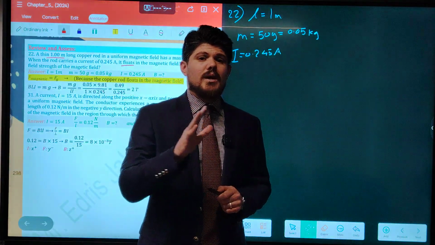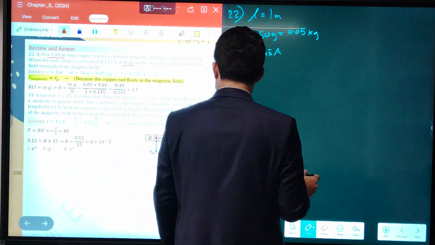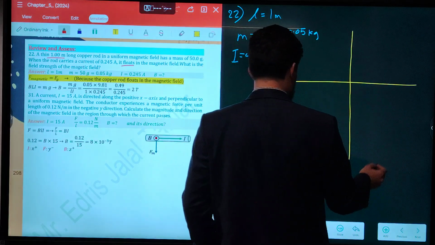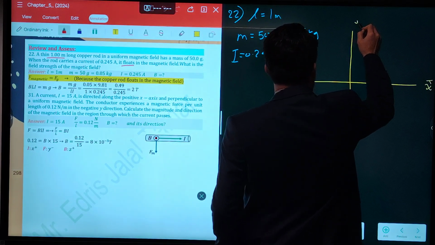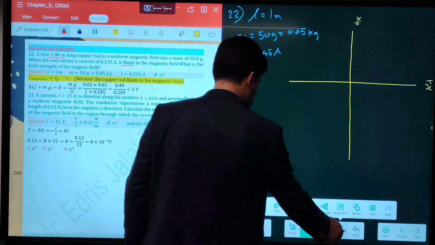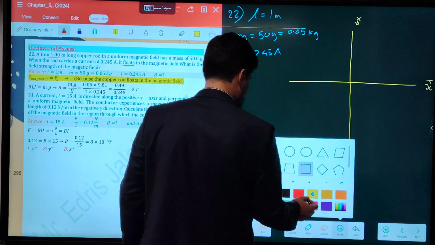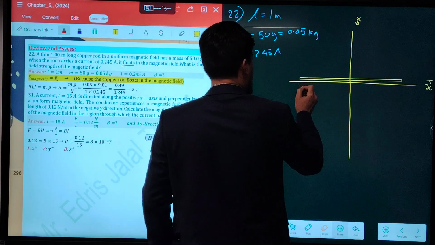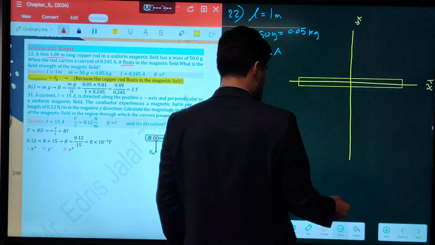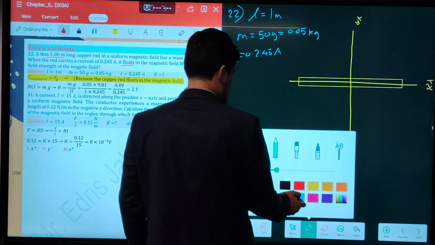Gravitational force, keep in your mind, is always directed into the page, Z negative. Assume that the wire lies on the x-axis, with x positive and y positive. This is the wire with current flowing in it.